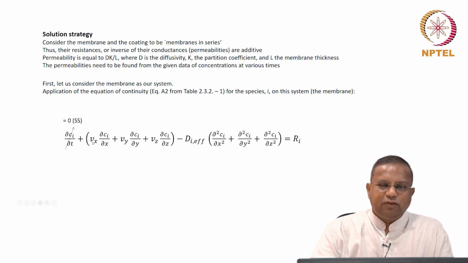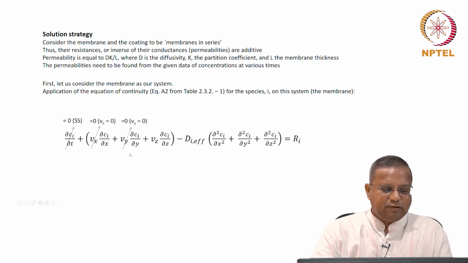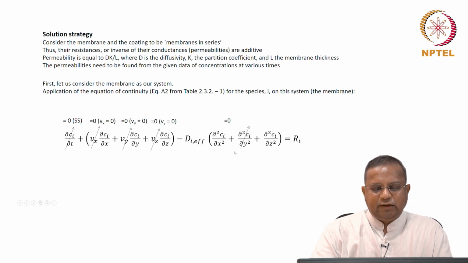Also, you know by now that since there is no convective motion of the fluid or bulk fluid motion, the Vx, Vy, Vz, which correspond to the fluid velocities, can be set to 0. Then this is a one dimensional case, we will consider that as x, and therefore, the concentration does not depend on y, therefore the derivative is 0.